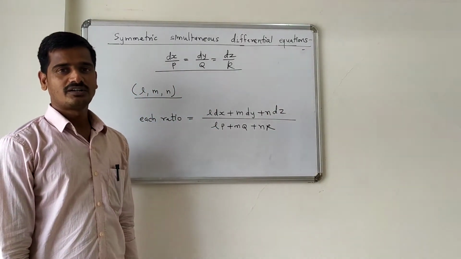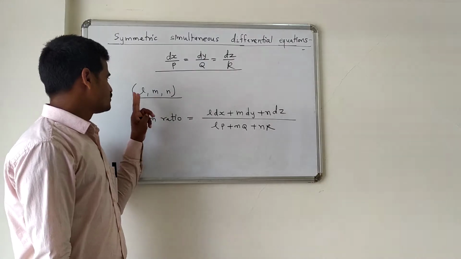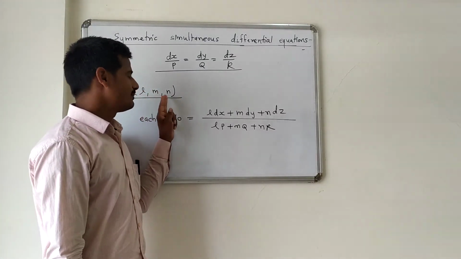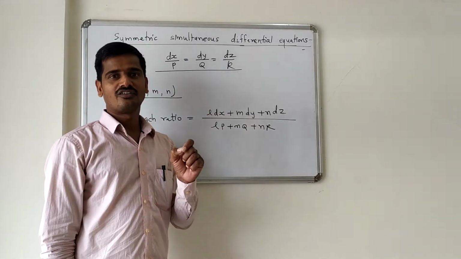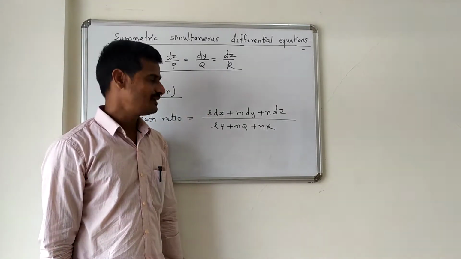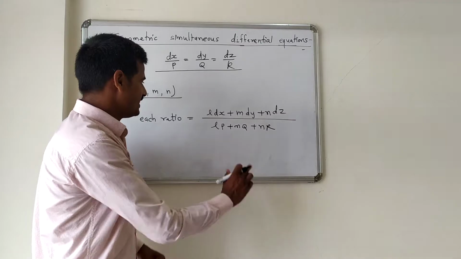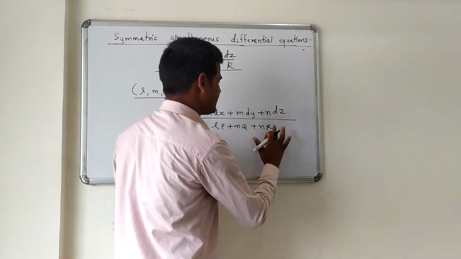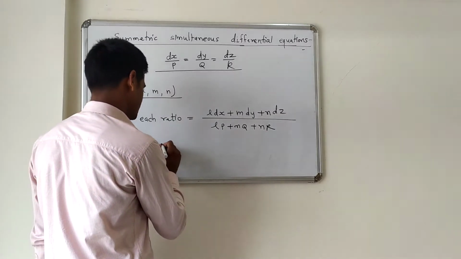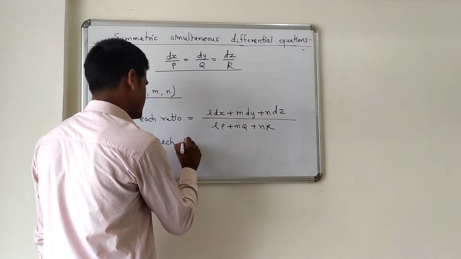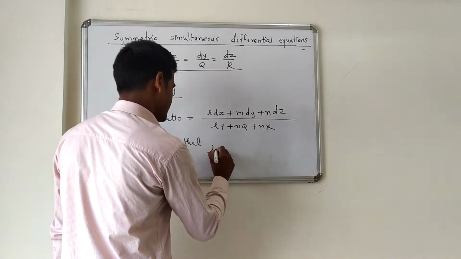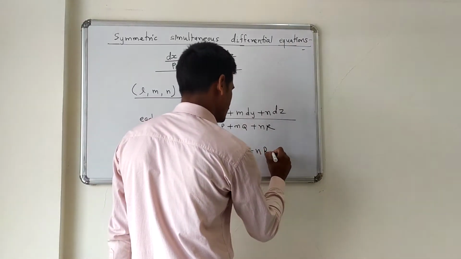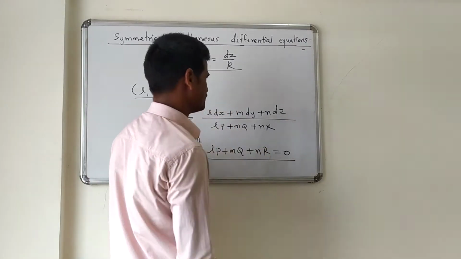Now the point is, I have to choose the multipliers L, M, N, which are either constants or functions of x, y, z, such that LP plus MQ plus NR is equal to 0.